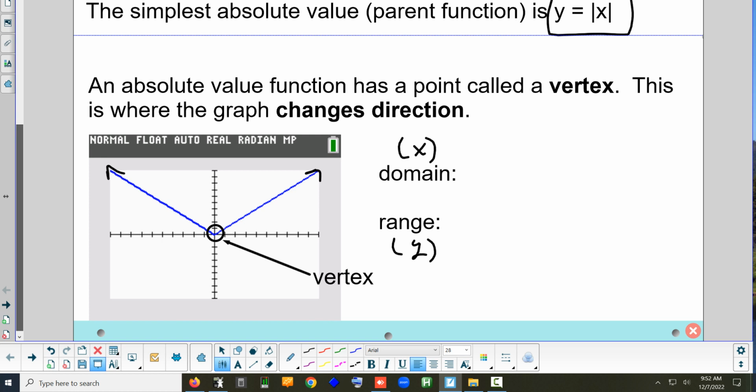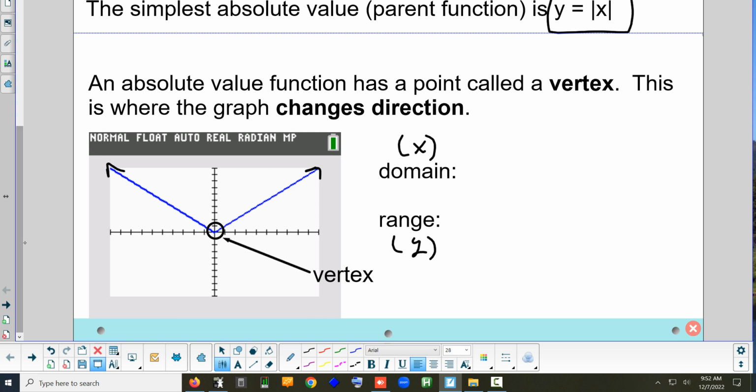So if we look at that V shape, imagine you could keep looking at it forever. These two lines, they don't stop there. They keep going. So if they keep going forever, how far left and right will this V shape go? If you could imagine zooming out and looking at it forever. Yep, infinity.